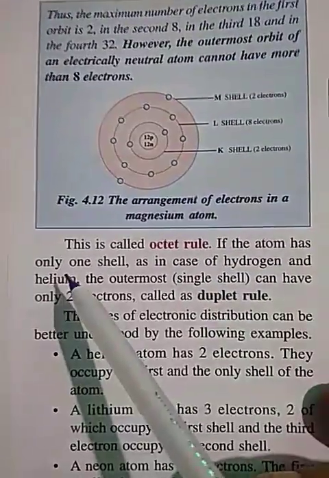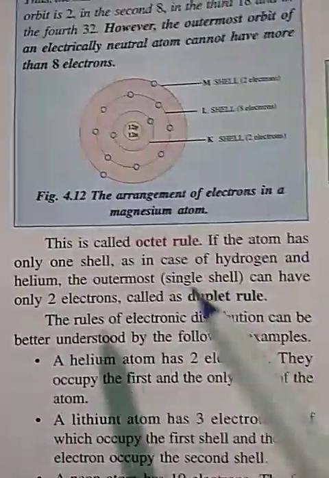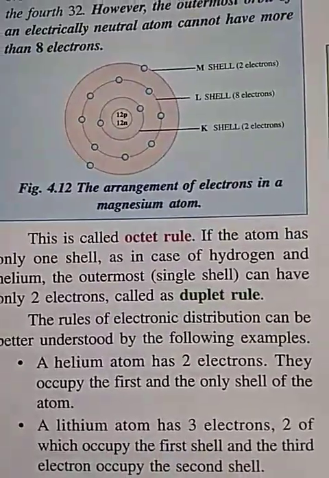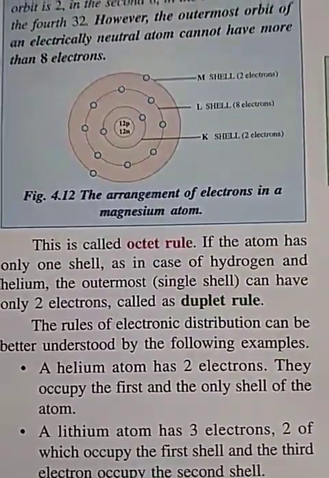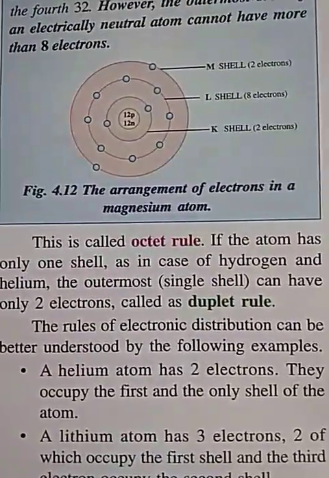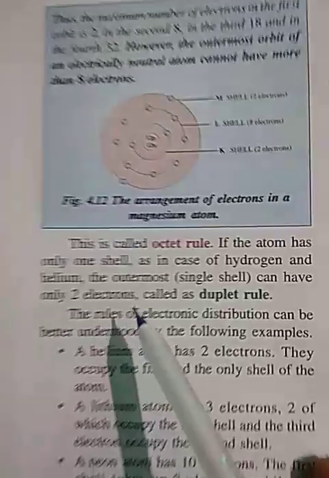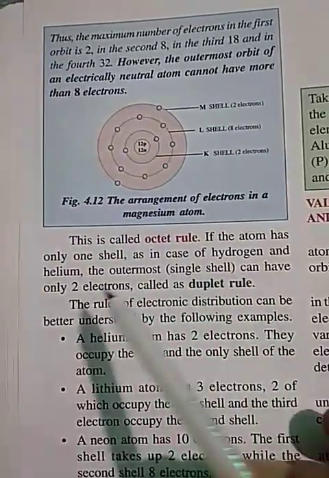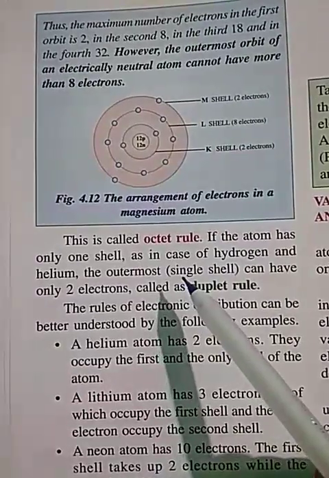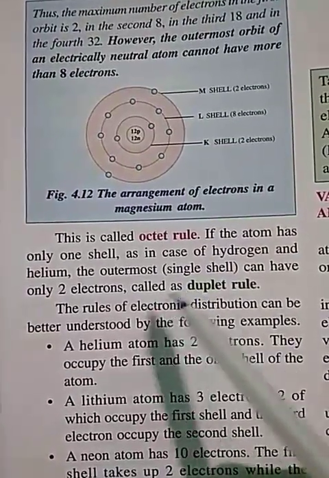If the atom has only one cell, like hydrogen, which has only one cell because its atomic number is 1, and helium, which has atomic number 2 and is accommodated in the first cell, then in the case of hydrogen and helium the outermost cell will never have more than 2 electrons.